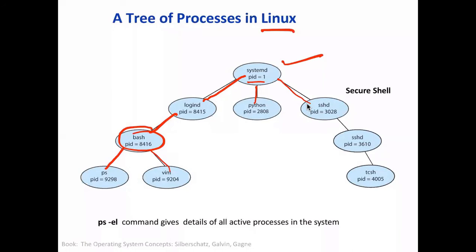An immediate question will come: the code for this process is different from the code for that process. So there must be some mechanism by which a newly created process takes different code. Otherwise there's no point duplicating the main process into multiple processes. We'll study that also, how new processes are created which do different functionality.